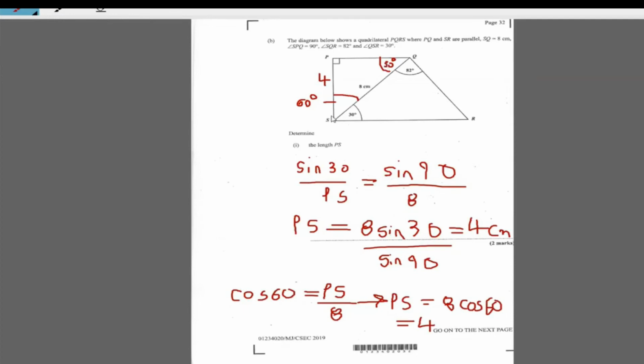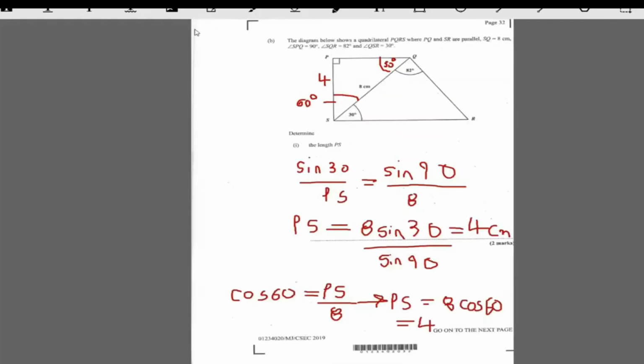We have one side, so I need to find another side. All right, so that's another way to do it.